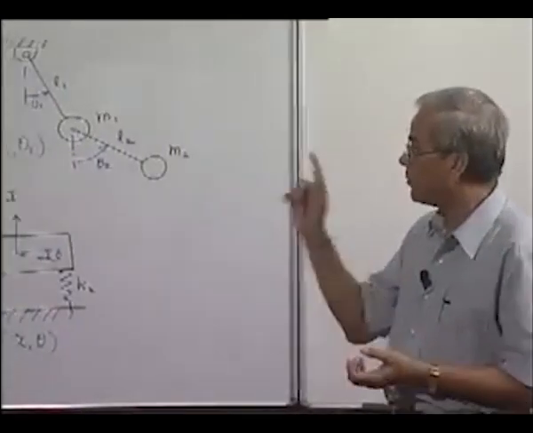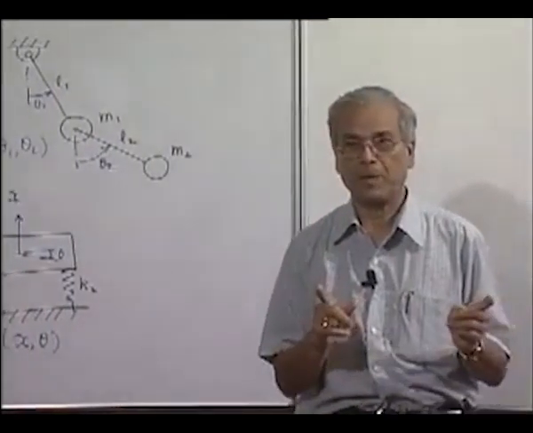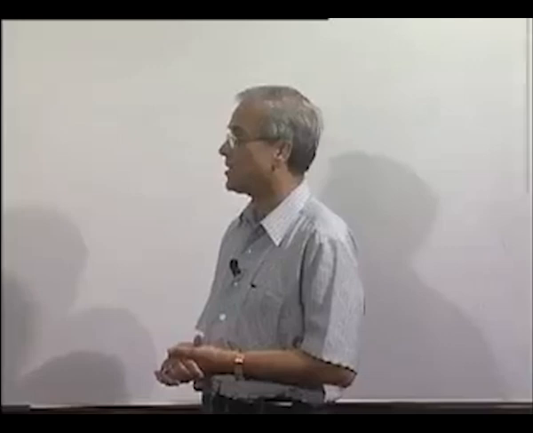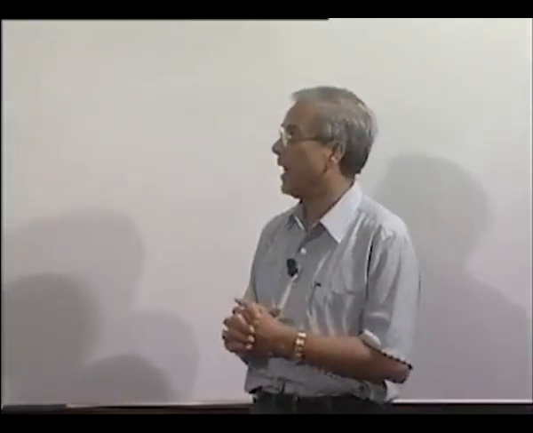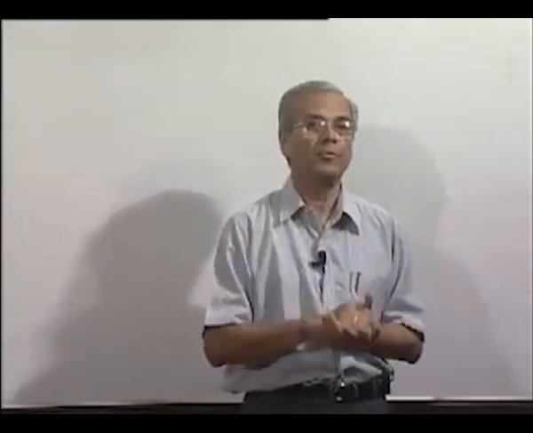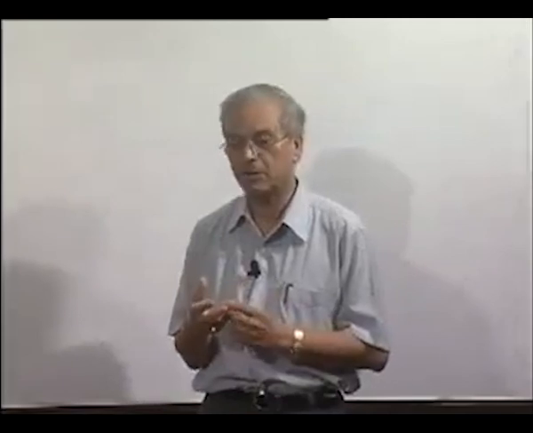On the other hand, it is possible to give the initial conditions to start the motion of a 2 degree freedom system in such a way that both the bodies will execute simple harmonic motion, and we will see that when one body is executing simple harmonic motion, both the bodies are executing simple harmonic motion, and the frequency of that oscillation for both the bodies is the same.